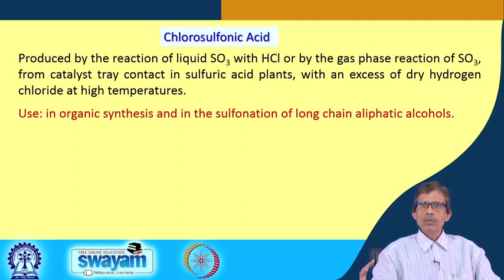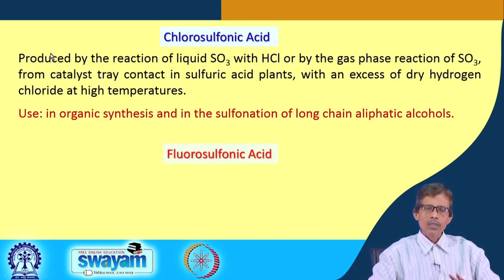So, it is a sodium salt, and sulfate is your typical corresponding anionic part, and dodecyl means a 12 carbon long aliphatic chain, which is obtained from a typical alcohol which is also readily available, which is your lauryl alcohol. So, sulfonation of all these long chain aliphatic alcohols can be achieved by chlorosulfonic acid.